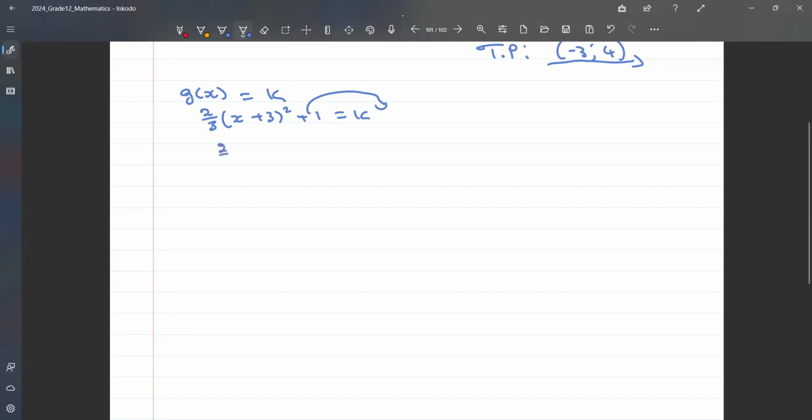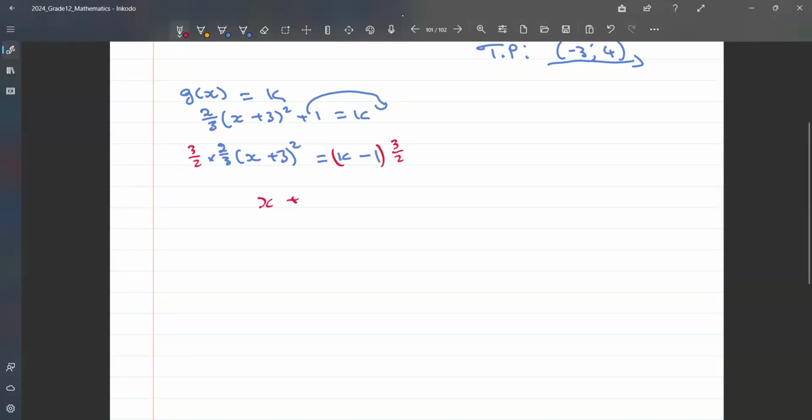So we are going to get 2 over 3 into x plus 3, all squared, equals k minus 1. We then multiply everything by 3 over 2 to get rid of the 2 over 3, so this side must also be multiplied by 3 over 2. What then happens after this? We are going to square root.